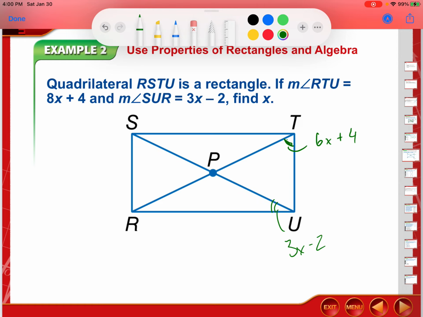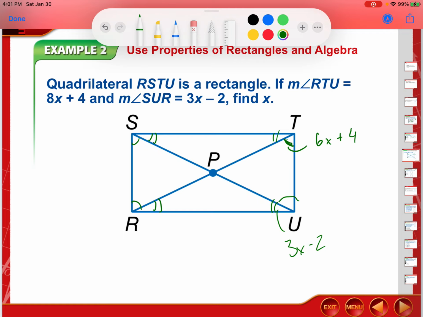Now, we have essentially two types of angles when we're dealing with diagonals in a parallelogram. We have our little angles like PUR, PST, TRU. Drew that the wrong way. So we have our little angles, and then we have our big angles like PTU or SRP, or RSP, or PUT.